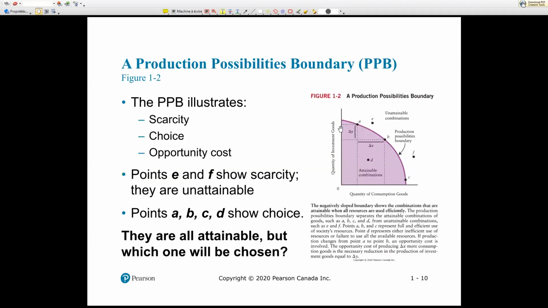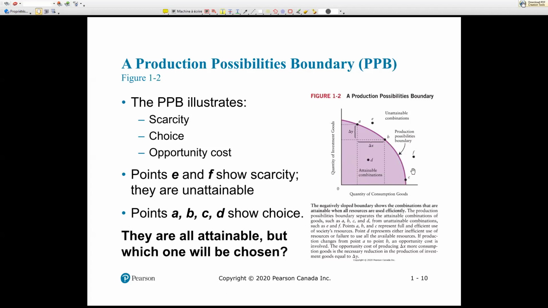Here it's different. Here it's the country level. So it means that there are limits to what I can do. So if I decide to only invest in investment goods, then at some point I'm going to have to sacrifice more in terms of consumption.